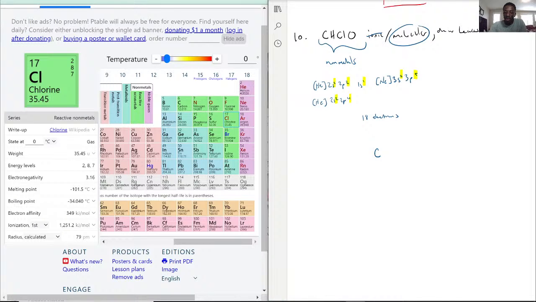And this is where it gets a little bit tricky. I'm really thinking about this one.